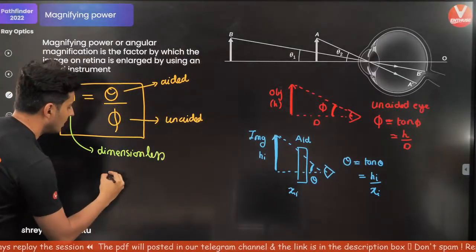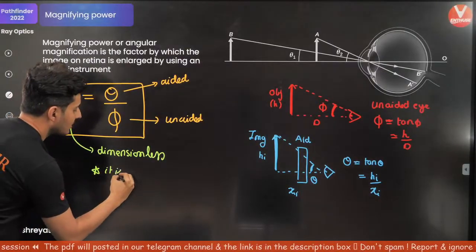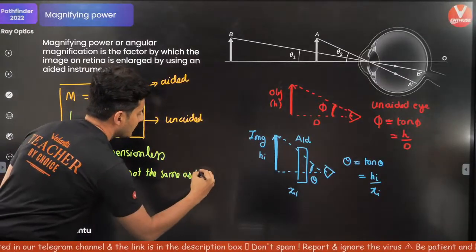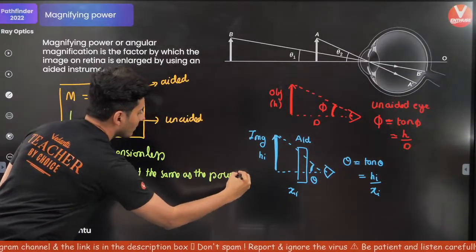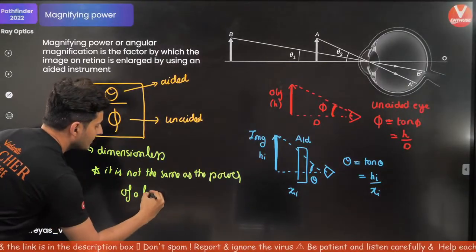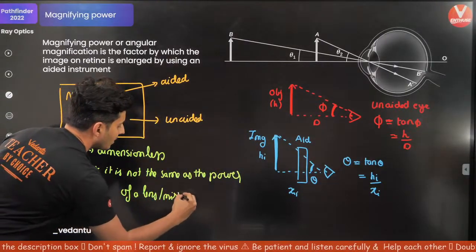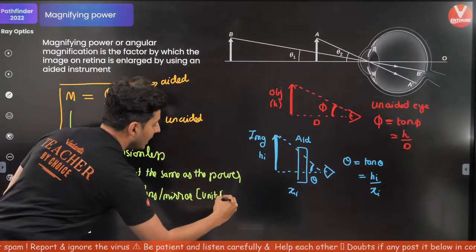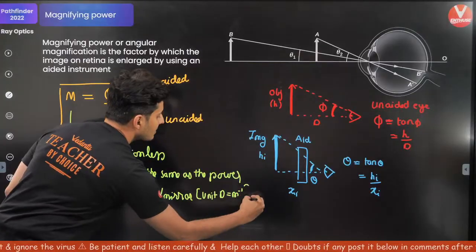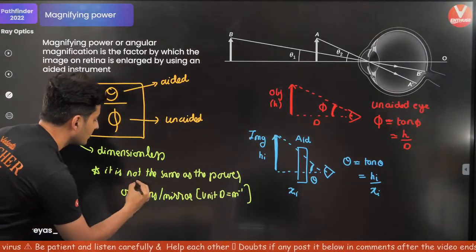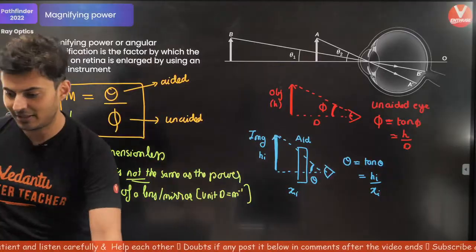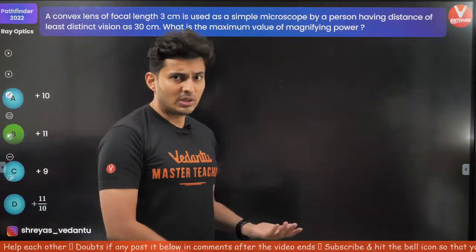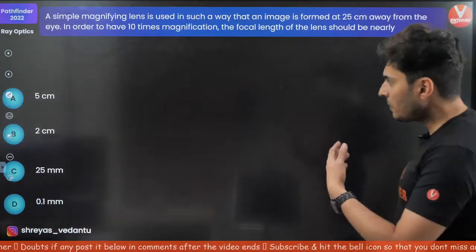And it is not the same as the power of a lens or mirror which has the unit of diopters, which is also meter inverse. This is not the same. Very, very important. It should be there in your notes, and it will also be available for you guys to download in the PDF form later on. Next question.